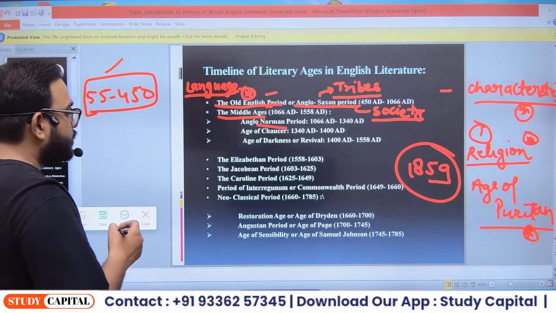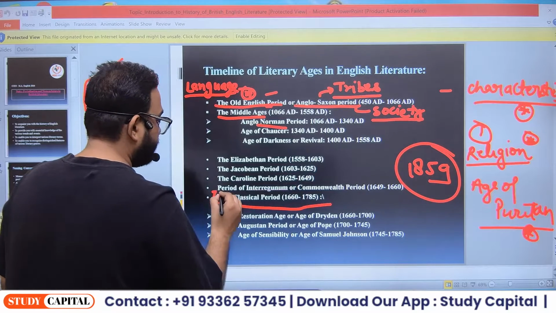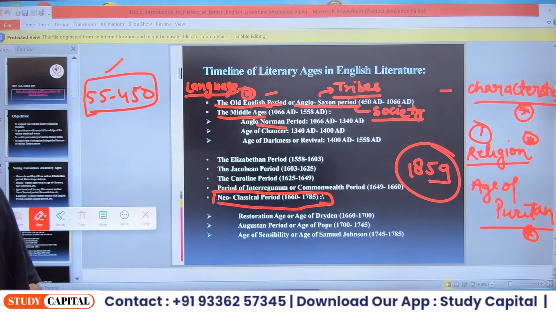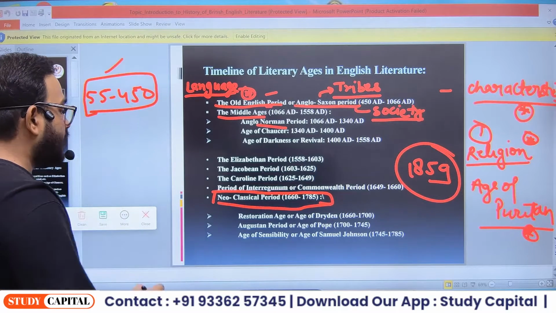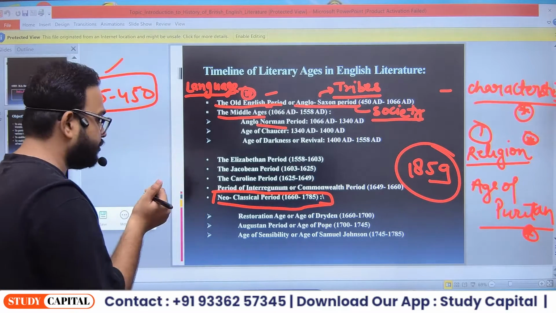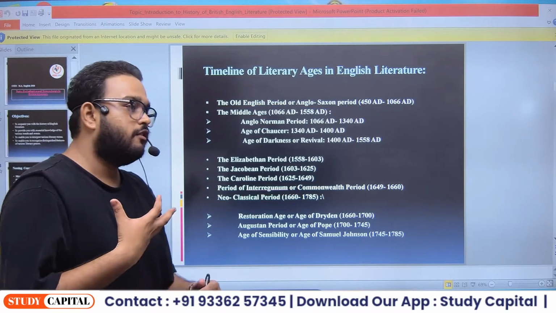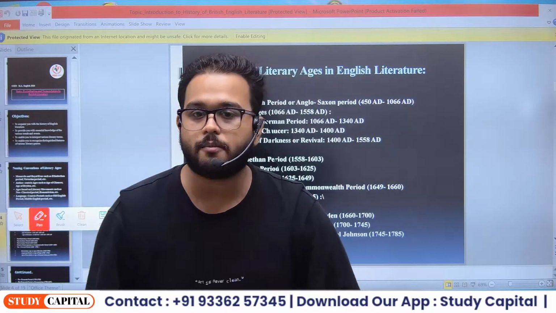For example, you see the neoclassical age. The use of language in the neoclassical period, you know how they were using sophistication in the language because it was the language of the elites. The literature talks about the experiences of the elites. But the language that the romantics will use in future, right? The language that is going to be used by, for example, Wordsworth is different because he is going to talk about the common man, right?